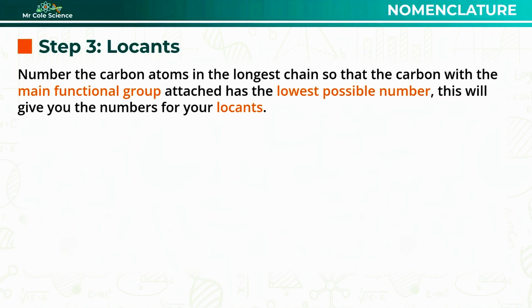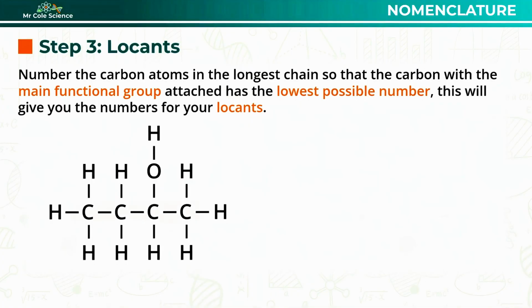They're numbers we can add into our name to show where different constituent parts are located. Let's have a look. So here we have a molecule with 4 carbon atoms in its longest chain that contains the functional group, giving us but as the stem of our name. Our main functional group is the hydroxyl functional group, which tells us that this molecule belongs to the alcohol homologous series, and as such will have the suffix ol, giving us butanol. Now for the numbering.